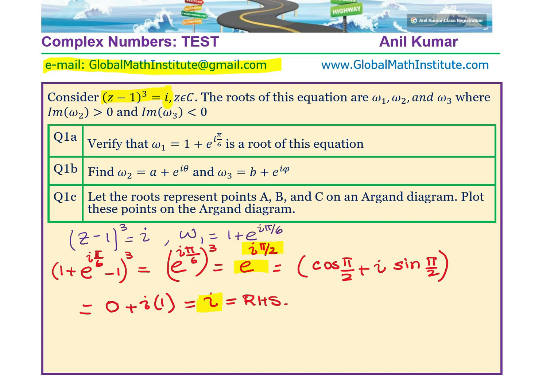So this i can be replaced by e^(iπ/2) to solve for omega 2 and omega 3. Does that make sense, right? So keeping that in mind, let us now solve for omega 2 and omega 3.